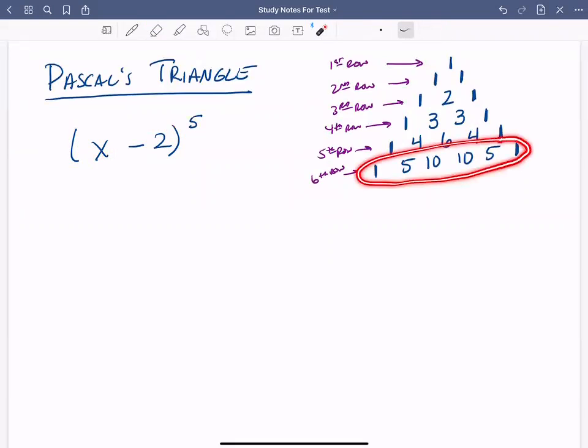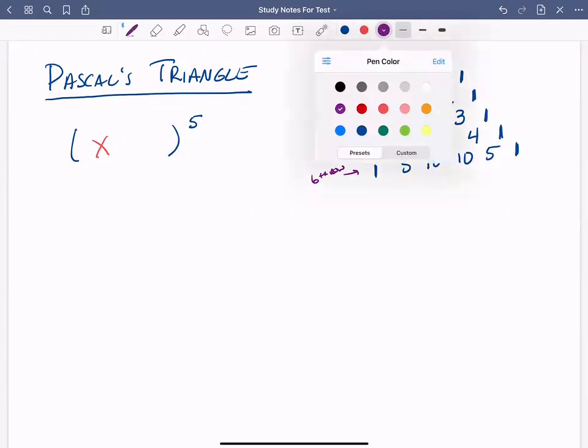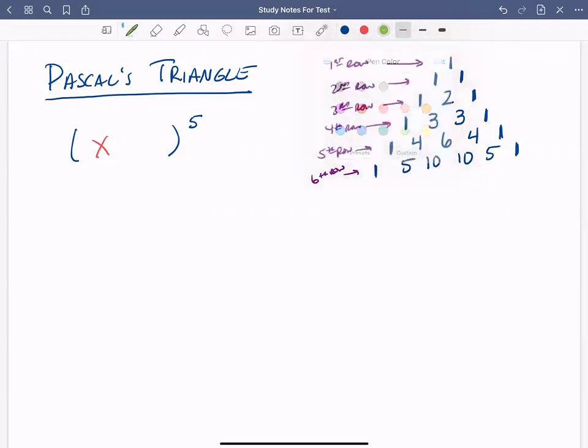I'm actually going to change the color of these so we can see them appear. Let's change this to a whole different color, something that stands out.